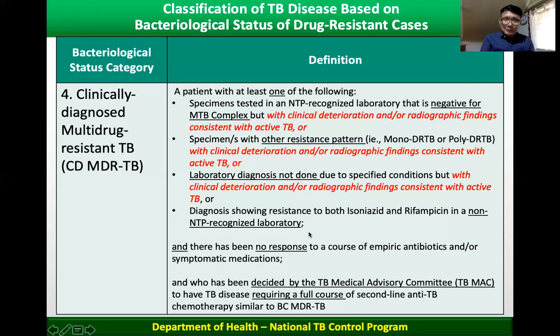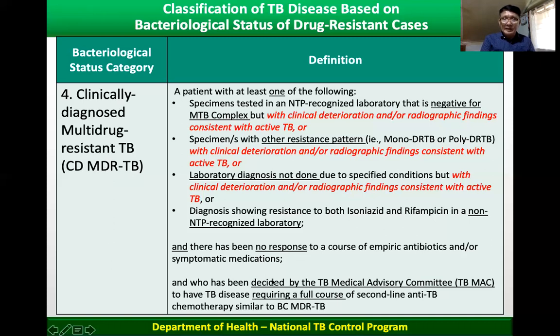Okay. And there has been no response, of course, to empiric antibiotics or symptomatic medication. So as you can see, if you have any of the following, then we can categorize our patients as CD-MDR TB, or clinically diagnosed multi-drug resistant TB.